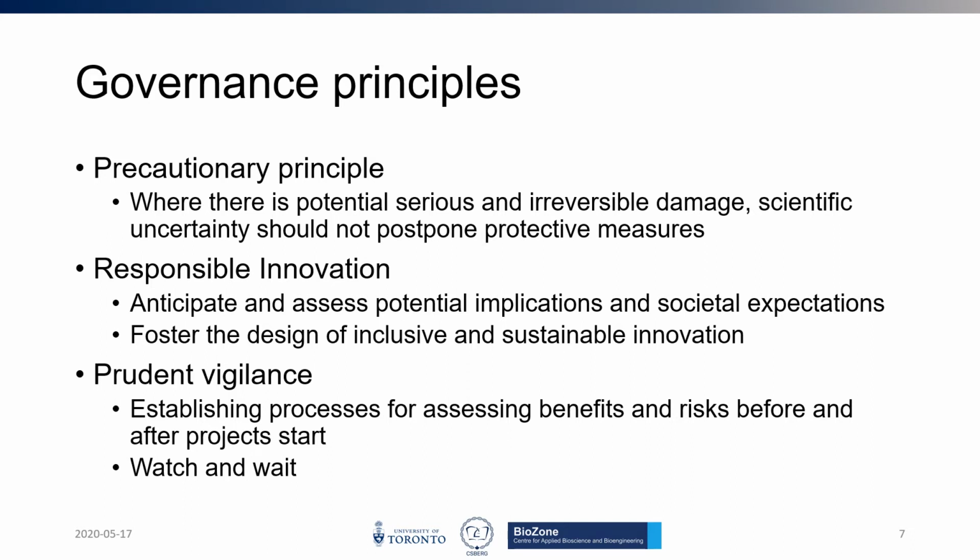and essentially it says that if there is potential serious and irreversible damage, scientific uncertainty should not postpone protective measures. What that means is that if you can surmise that a technology could potentially cause serious damage, even if you're not sure of it, you should treat it as a possibility that measures need to be taken against.